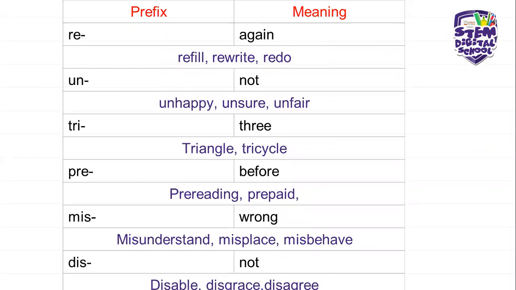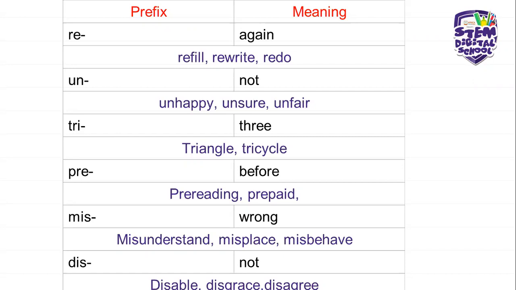So that's a very good one. Now the next one is tri, which means three, like a tricycle or a triangle. And we have here unconscious, undo. That is also words with un in front of them.